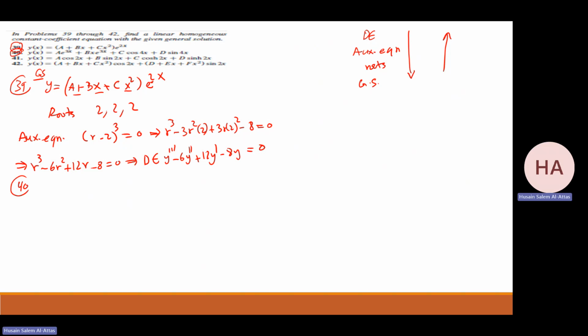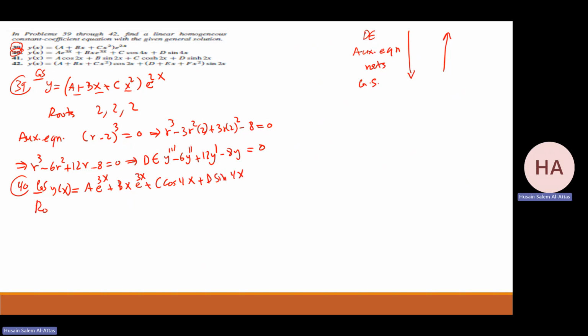What I have, the general solution, y of x equals A e^{3x} plus B x e^{3x} plus C cosine 4x plus D sine 4x.